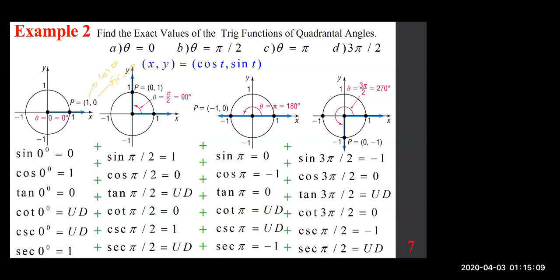Tangent is sine over cosine, becomes negative 1 over 0, which is undefined.